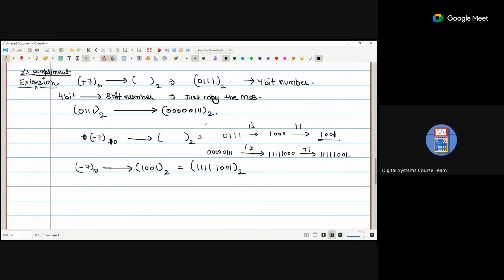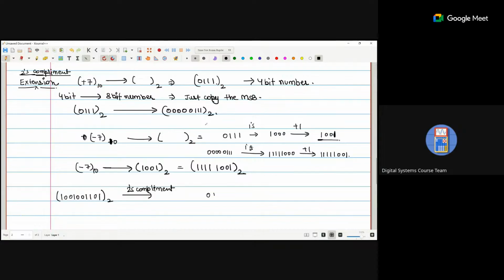Okay, now if any number is given, 100100110, any binary number is given, and I have to take its 2's complement, so the method is: just take a ones complement first.